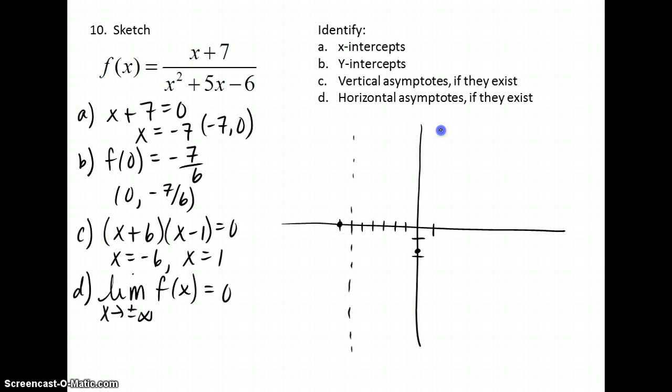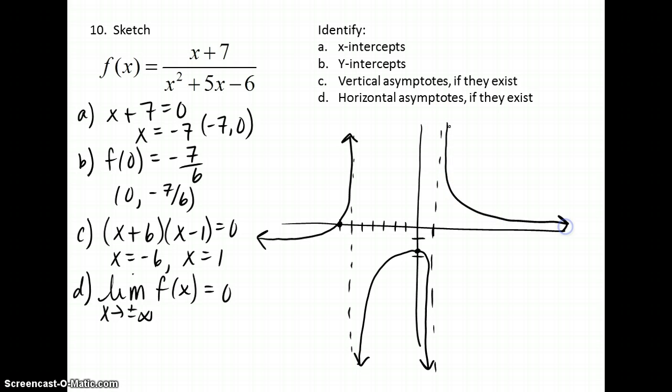At 1, vertical asymptote. The x-axis is a horizontal asymptote. Now you can verify using one-sided limits. The limits around the vertical asymptotes will verify the positive and negative infinity behavior of the function.